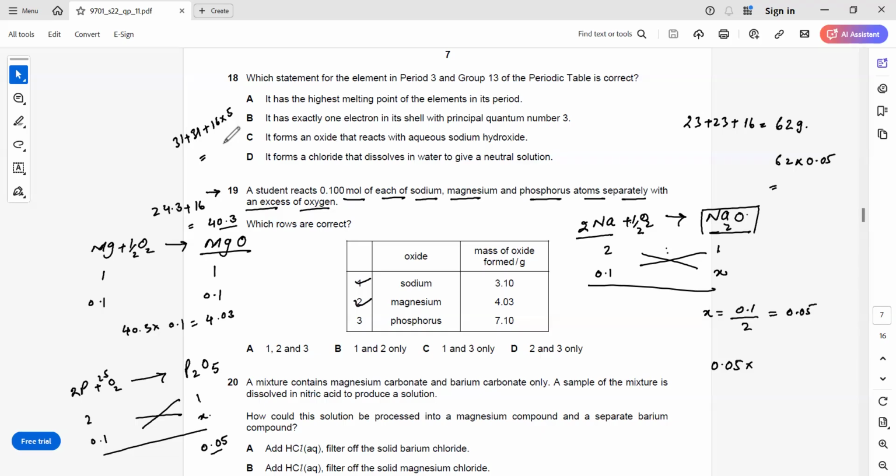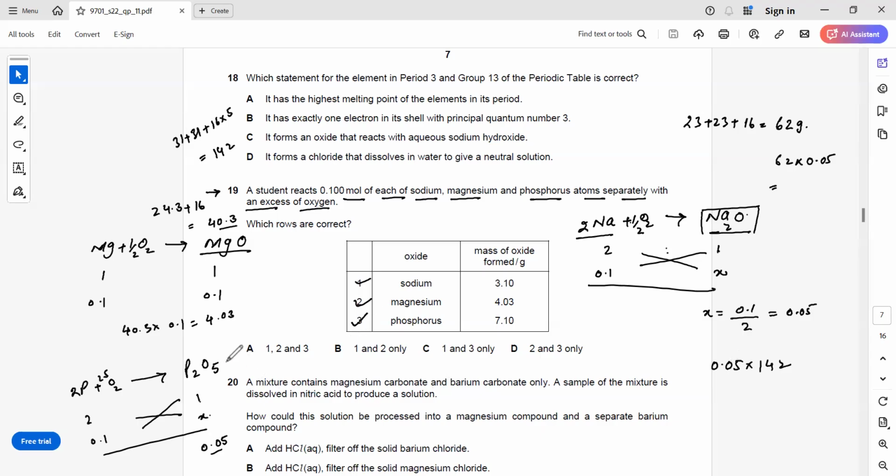142. Let me check. Okay, 142. So if we multiply it with this, what's the answer? 7.1.